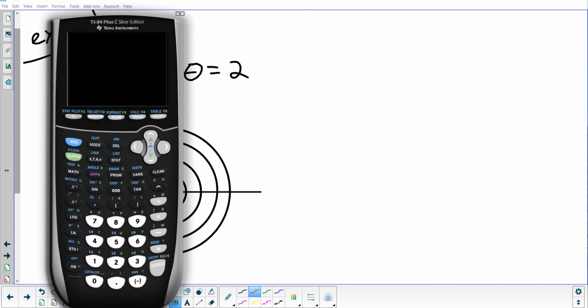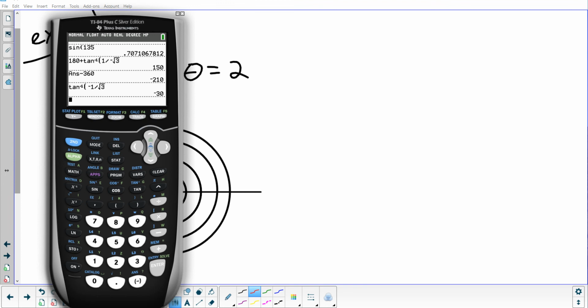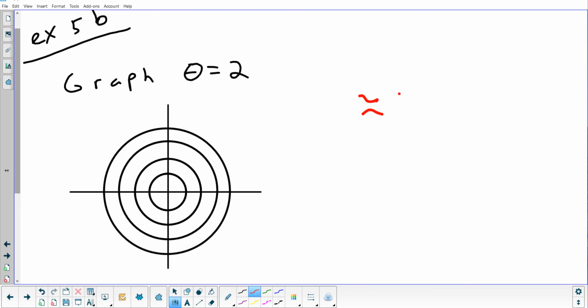Just to get an idea of what 2 radians is, let's multiply it by 180 and divide it by pi. So that's about 114 degrees. Okay, just to remember that. That's what the angle is.